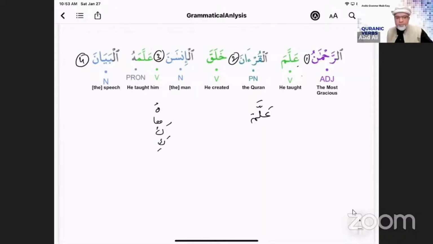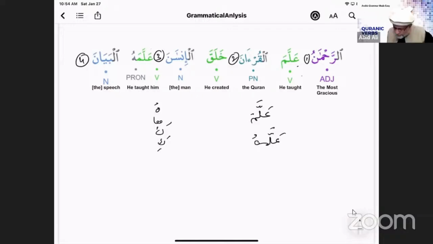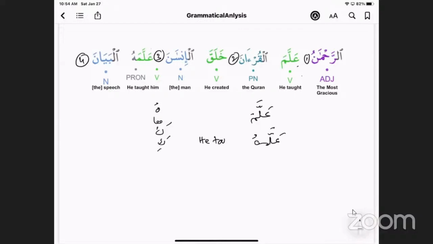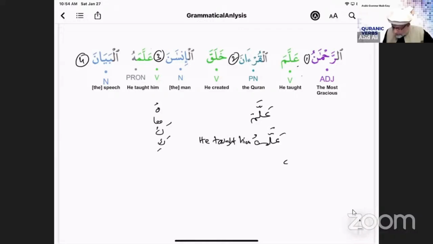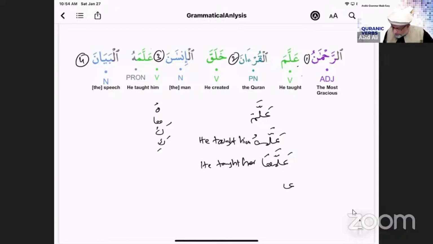So it will become Allamahu: allama, who, he taught him. Allama, ha: he taught her.